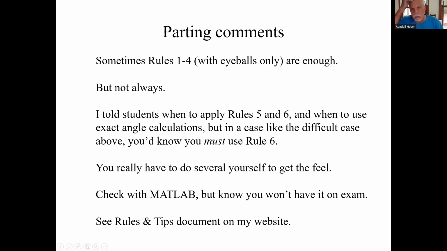Not all textbooks have the same rules or number them the same. Sometimes those first 4 rules with eyeballs only are enough, not always. I usually told my students when to use rules 5 and 6. But in a difficult case like the one we just did, you should probably know you really need to look at rule 6 to know.